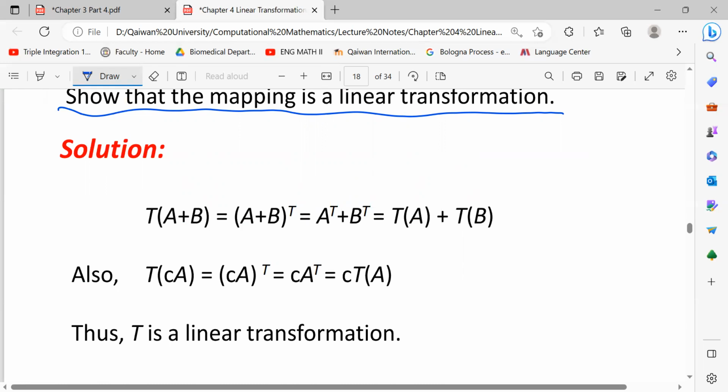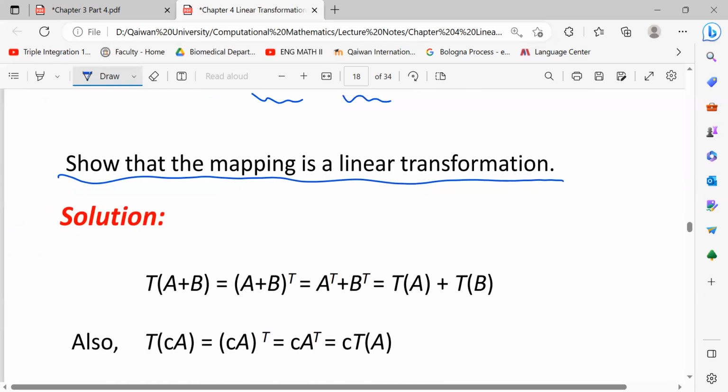You can apply only that condition to show whether a mapping is a linear transformation or not. Here A and B are matrices, they are vectors. In the previous ones we took U and V, and here we take A and B. It's a vector in the domain.